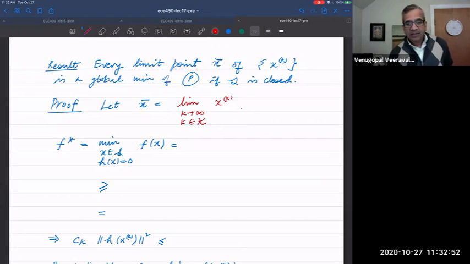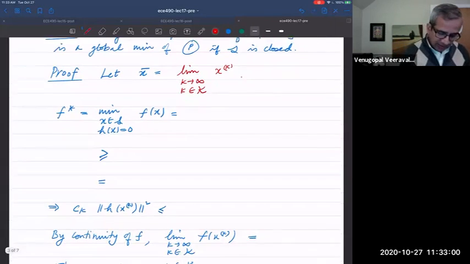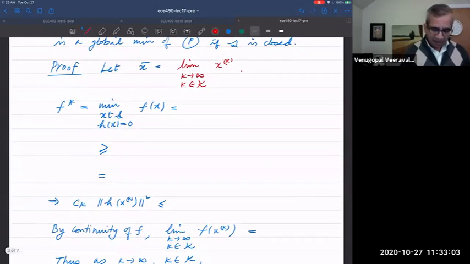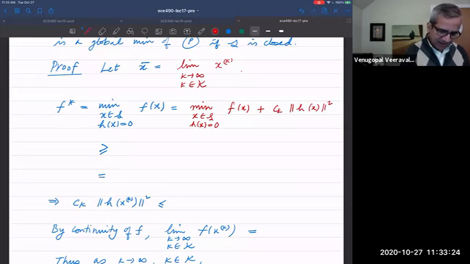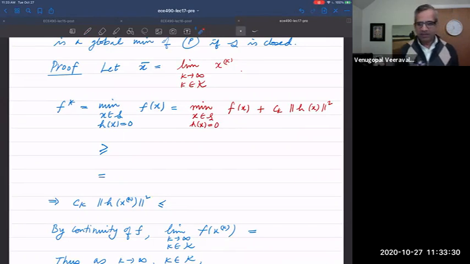So that f star is the minimum value of the objective function. Since h(x) is 0, this is the kind of trick that we used also in the proof of the general sufficiency condition. We can add this, and it doesn't change anything because under the constraint, this is already 0. So I've not changed f(x). So these are the same problems.